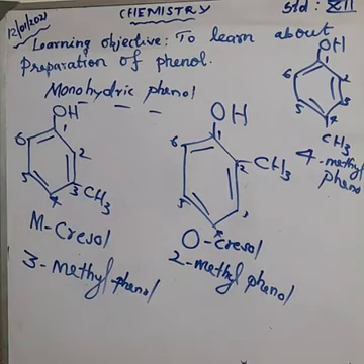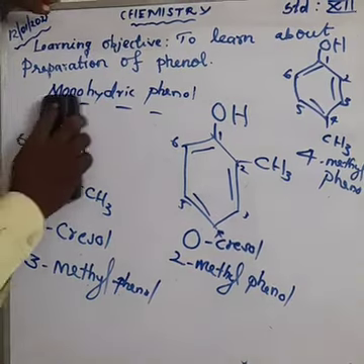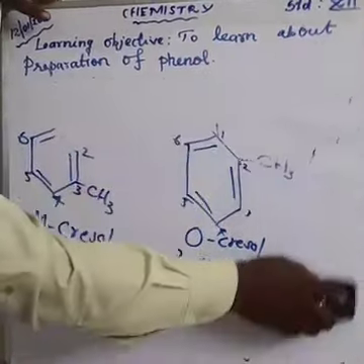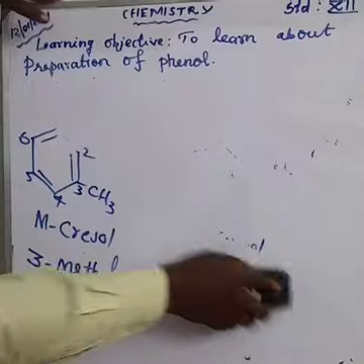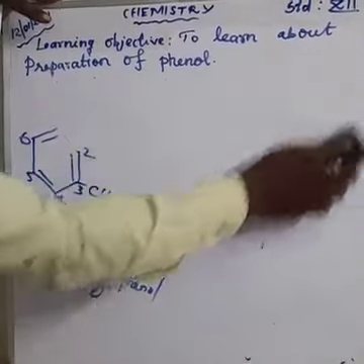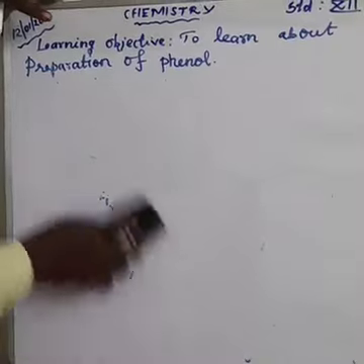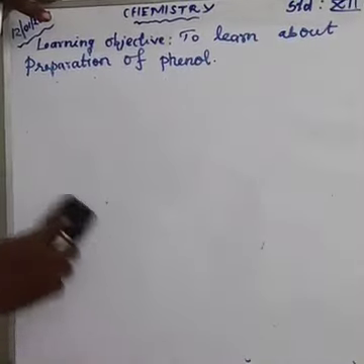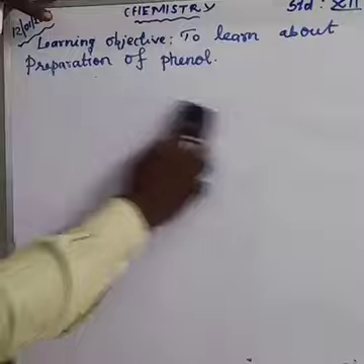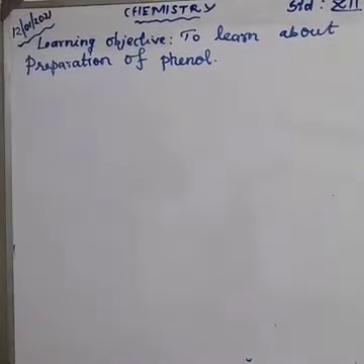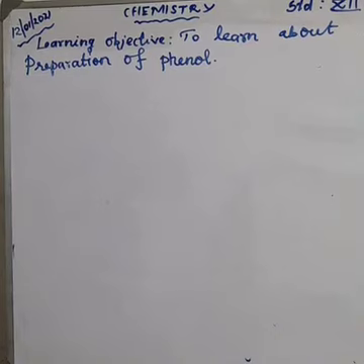Next we can learn about the dihydric phenol. Dihydric phenol means the compound having 2 hydroxyl groups. The phenol compound having 2 hydroxyl groups, that is, a benzene ring containing 2 hydroxyl groups.